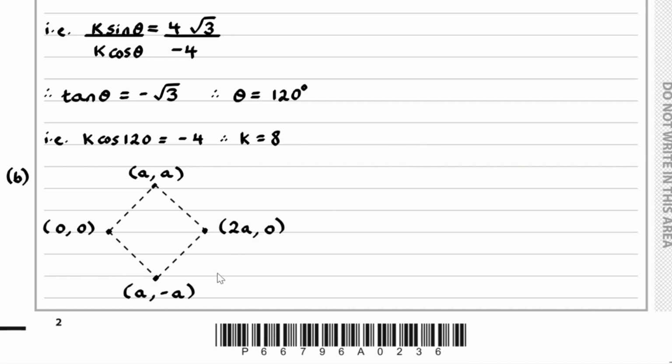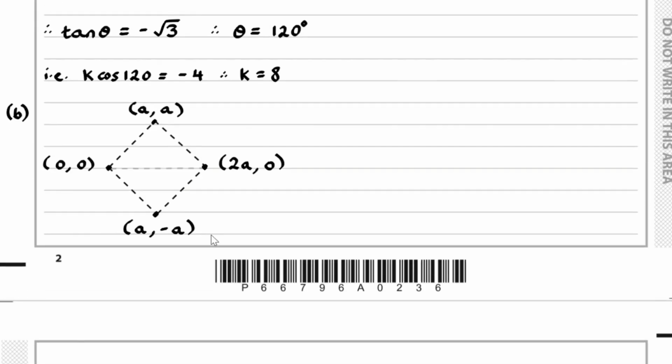Well, here we've got the diagram of S. Now, what we can do is find out the area of this. And what you'd hopefully find is we have two triangles.